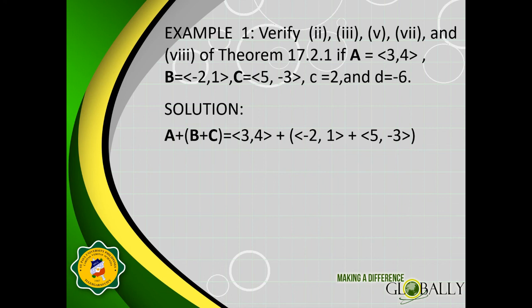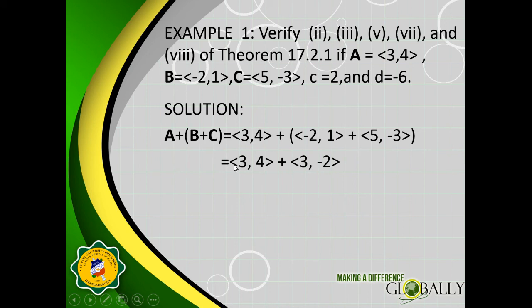Solution. First, we calculate the sum of B and C. It equals (3, 4) plus ((-2, 1) plus (5, -3)). We calculate this bracket first.